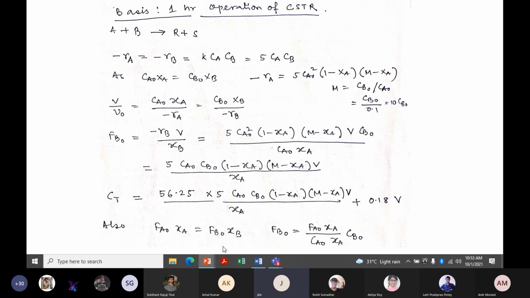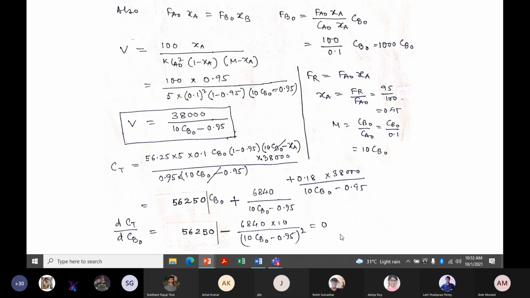Then after simplification with this equation, Fa0Xa is Fb0Xb, and this equation we can simplify Fb0 in terms of Fa0Xa by Ca0Xa multiplied by Cb0 or 1000 Cb0.